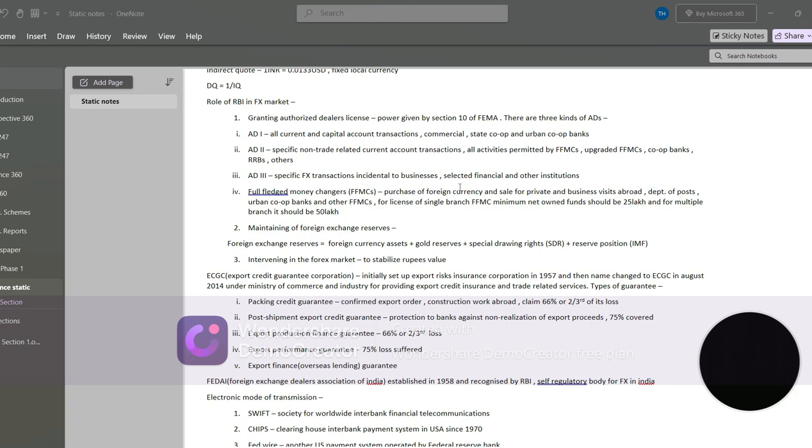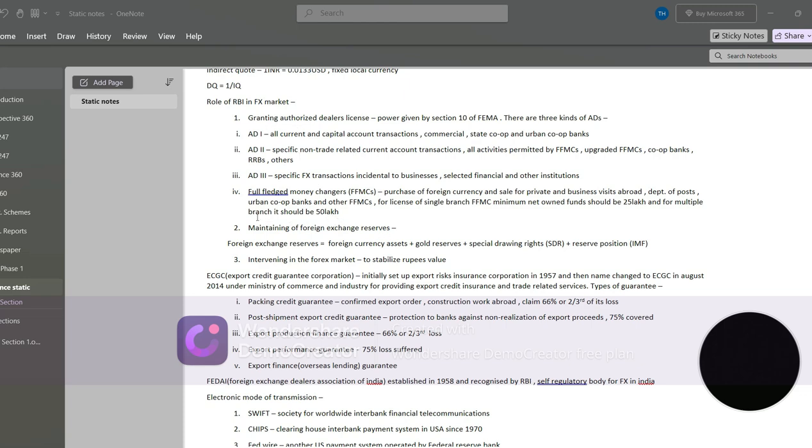So all of these have their specific functions. There are three kinds of ADs and one FFMC. These are the people who are given an authorized dealer's license to access the foreign exchange market and take part in foreign exchange transactions.